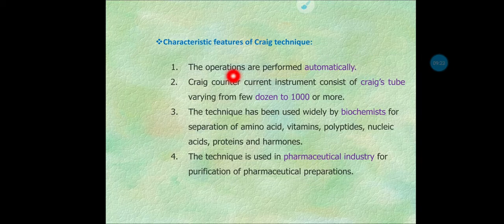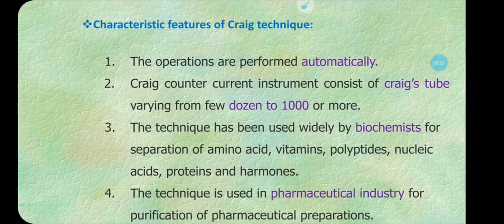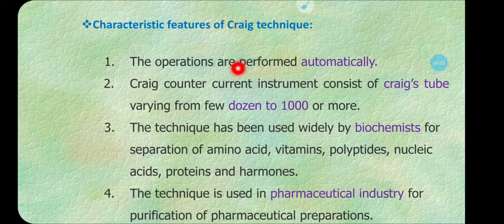Let us see the characteristics of this apparatus, Craig's apparatus. These operations are performed in Craig's operation, and they are performed automatically. The Craig counter current instrument consists of Craig tubes, varying from a few dozens to thousands or more.